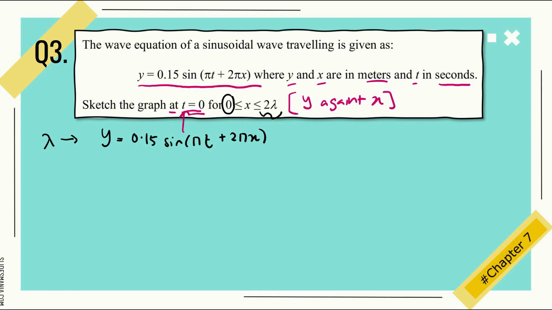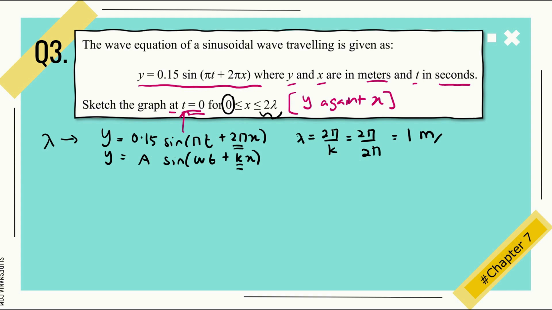We compare with the general equation, A sine (omega t plus ks). From the value of k, that is equal to 2 pi, we can have lambda equal to 2 pi over k. So 2 pi over 2 pi, and then lambda is equal to 1 meter.